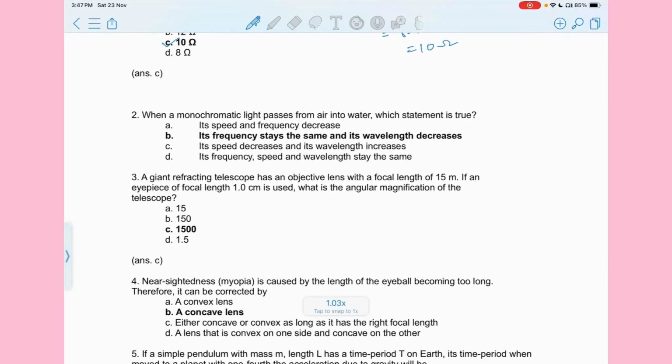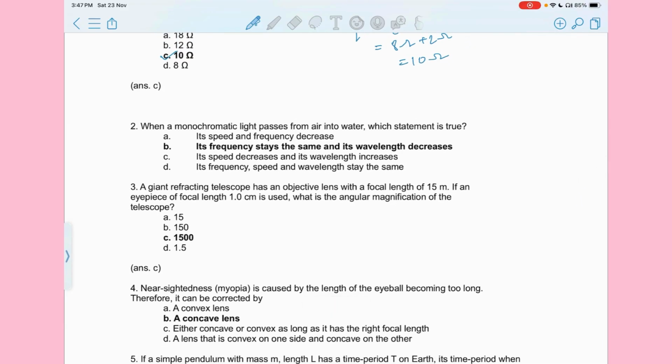Now the next question says, when a monochromatic light passes from air into water, which statement is true. So we need to know that the speed of light decreases when it goes into a denser medium.